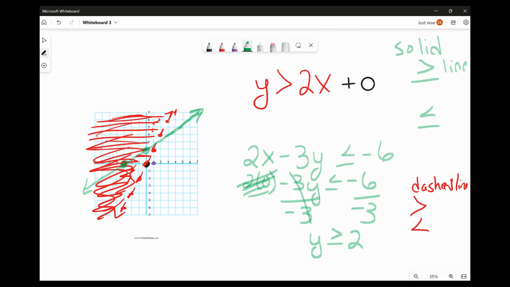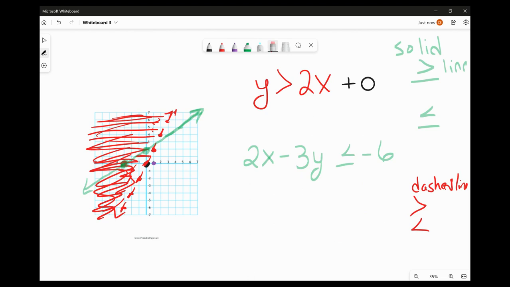And now I have to find the shading. So again, I'm going to plug in a point that's not on that line. In this case, 0, 0 is not on that line, so I'm going to plug that in. So let's use purple. I'm going to plug in 0 for X. I'm going to plug in 0 for Y. And I'm going to see if it's a true or a false statement. 2 times 0 is 0, minus 3 times 0, which is 0.